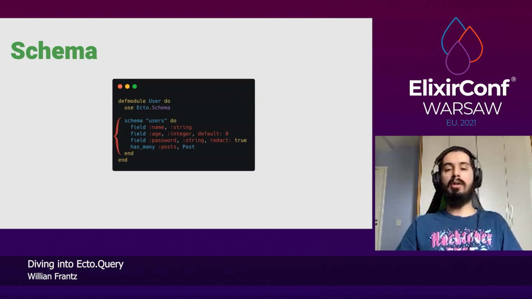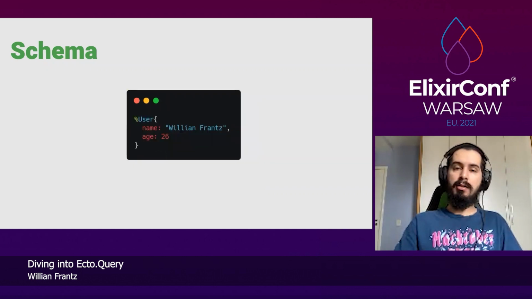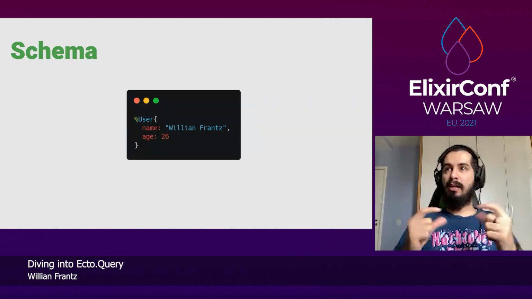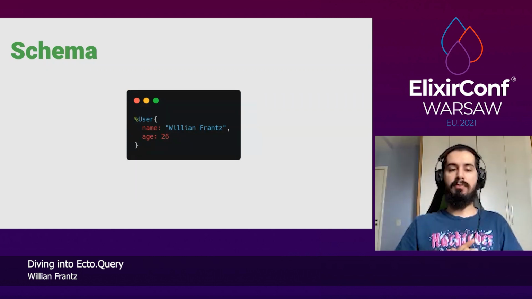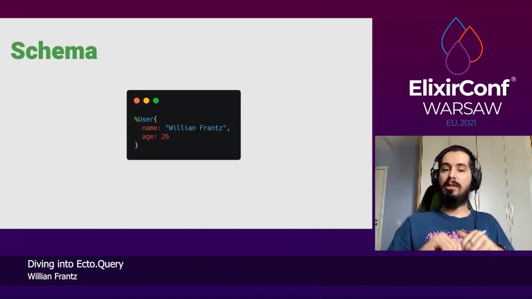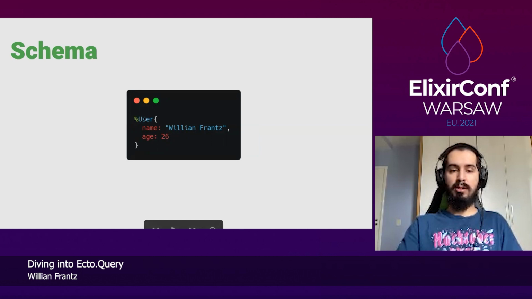So this is how we are going to map all these entries inside of our application. And when we have an entry running on our application, that's what we're going to have. We're going to have a struct in Elixir with the name user, as you can see here, and with our data internally applied here.